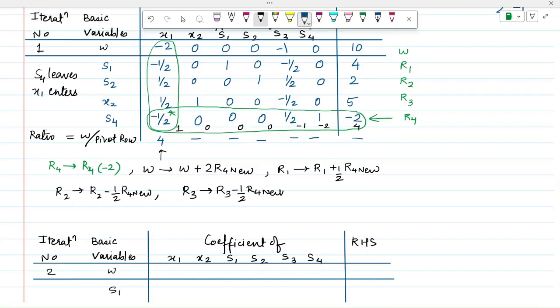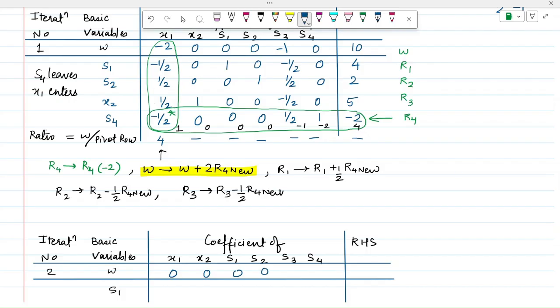Okay, W row, -2 plus 2 times. So that's going to give me a 0. That's what should be the impact. Okay, we are working on this. 0 plus 0 is going to give me 0, 0, 0.